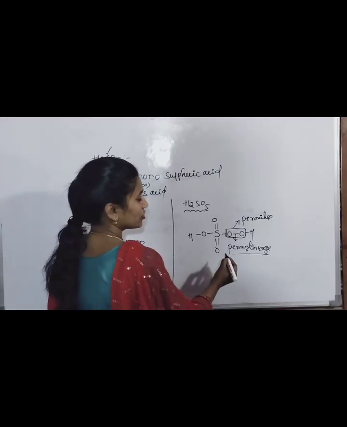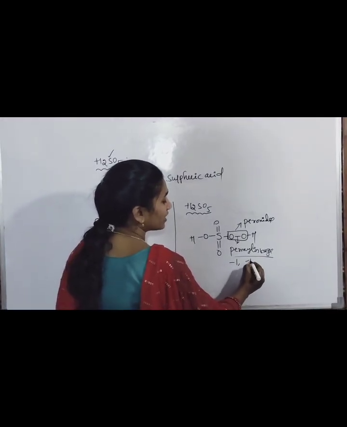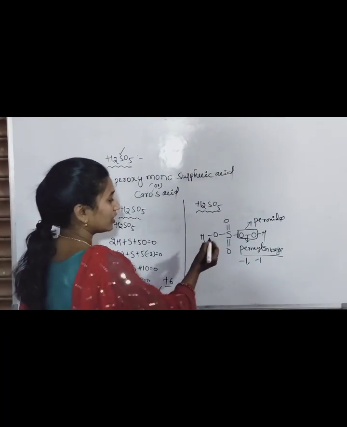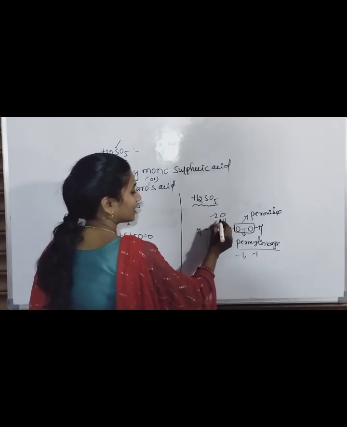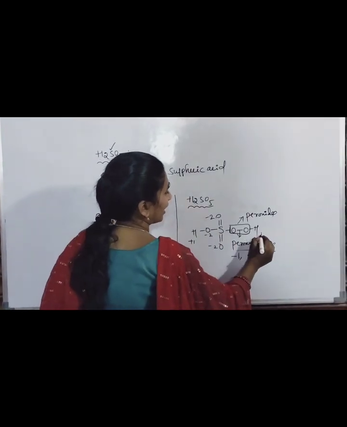So according to the peroxide, we have already learned that peroxide always exhibits -1 oxidation state. Now the three remaining are oxides, so they will exhibit -2. Now the remaining hydrogens are plus 1 and plus 1.